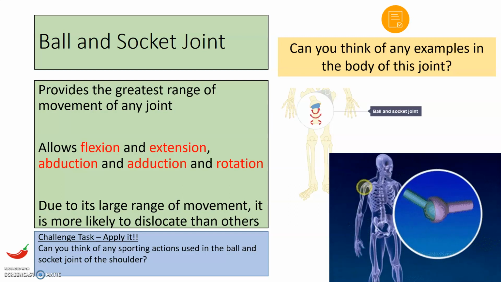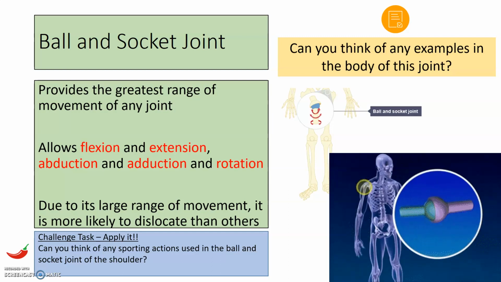There's a challenge task there for you. Pause the video here and see if you can think of any sporting actions used in the ball and socket joint at the shoulder. Examples, as I said before, in terms of sprinting, the flexion and extension when we're pumping our arms forward and back is a key example. You could have talked about abduction, away from the body, like fencing, when we're prodding our sword towards our opponent.